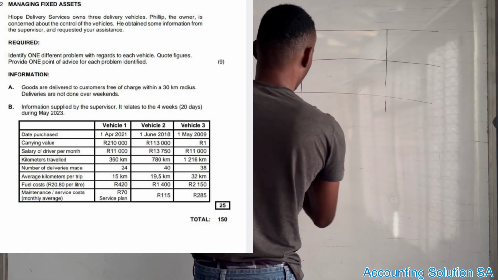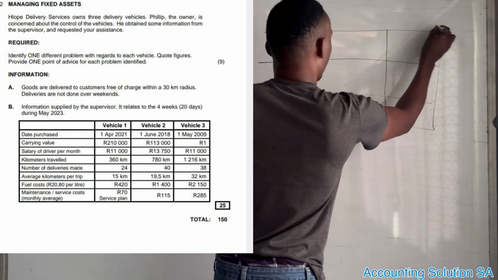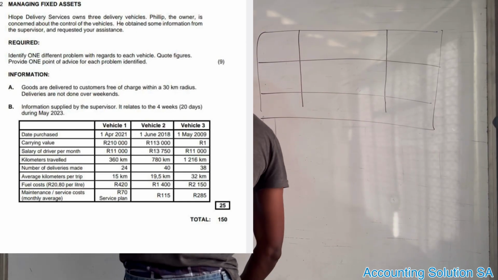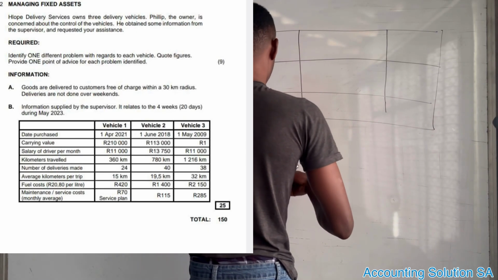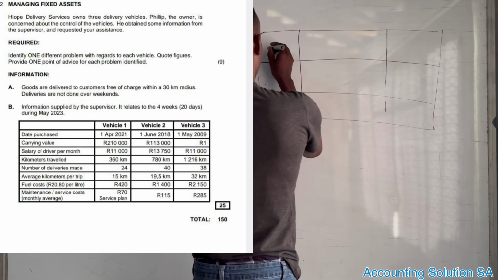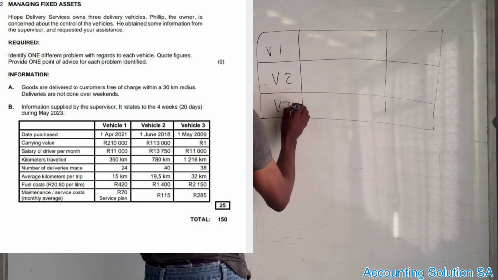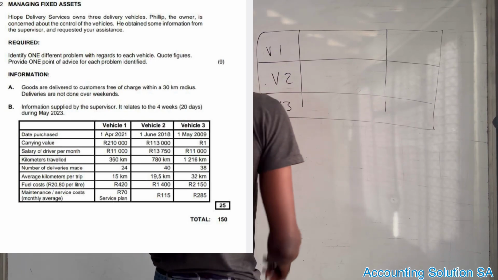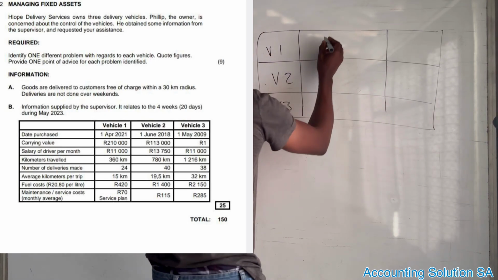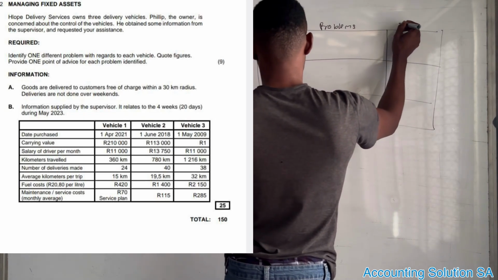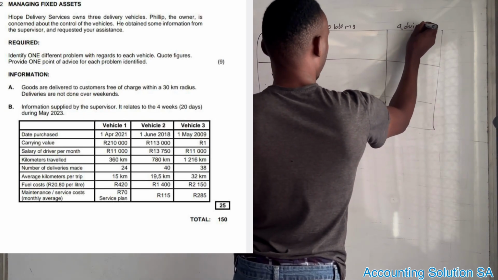Like this. And we have vehicle 1, vehicle 2, vehicle 3. This side we write problems, and this side we must give advice.